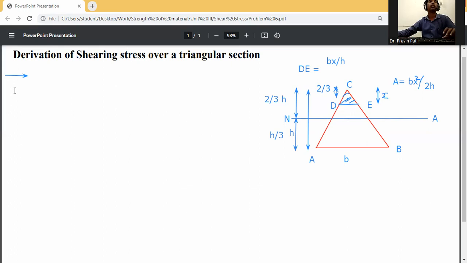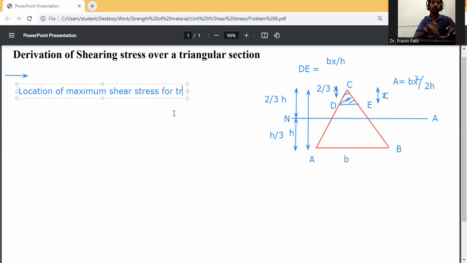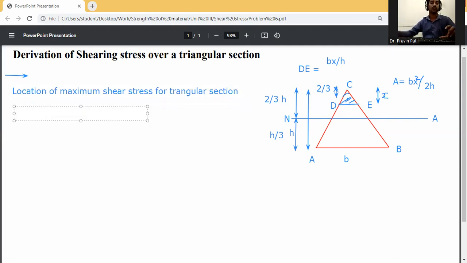We need to calculate the location of maximum shear stress for the triangular section. So we need to calculate the location. So differentiate with respect to x for equation 1.